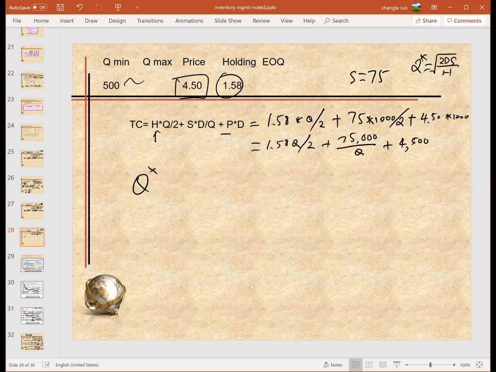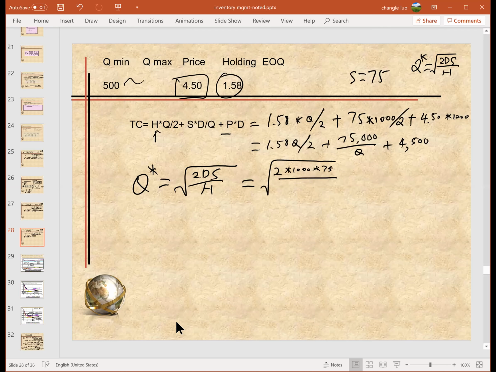And the third one, again, Q star equals the square root of 2DS divided by H. That's 2 times D, which is 1,000, S is $75. H is the one that is different. H here is the holding cost per unit per year, so 1.58. If we finish this calculation, we find that this Q star equals 308.61, roughly 309 units.